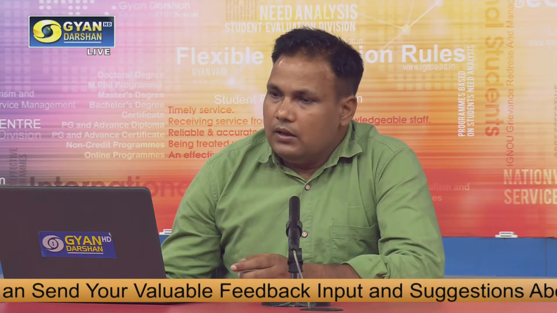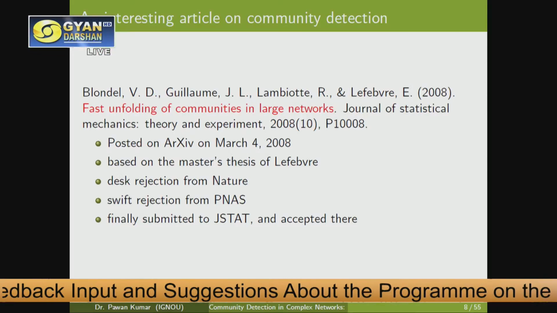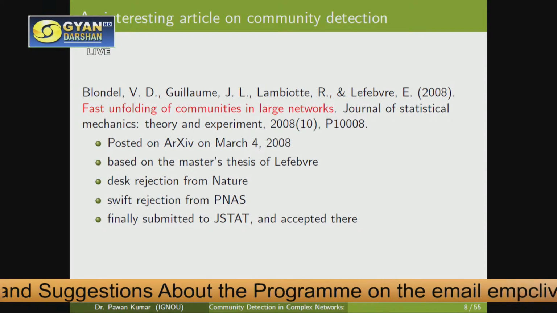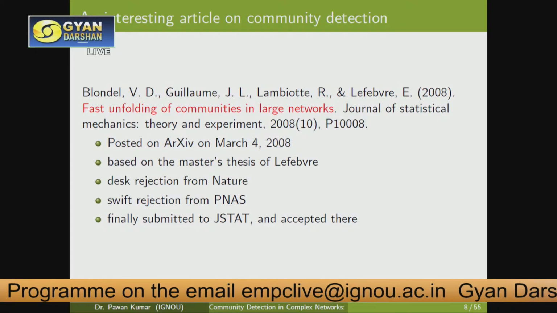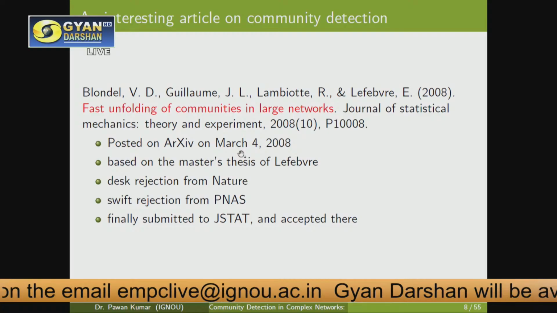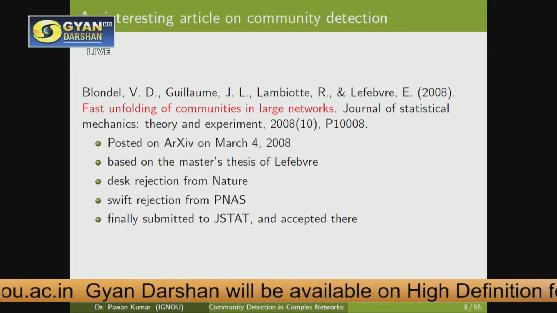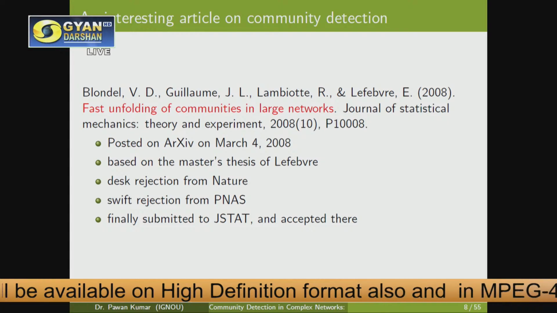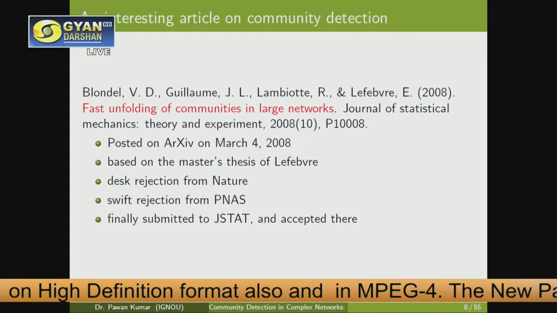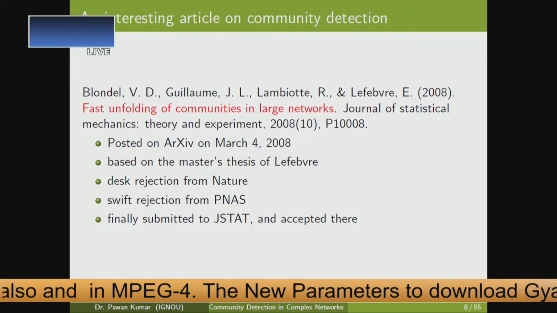And then there is a very interesting article by Blondel et al. There is some story about this article. It was first archived on March 4, 2008. This article was based on the master's thesis of one of its authors, Lefebvre, and there was a very unfortunate situation with this article.